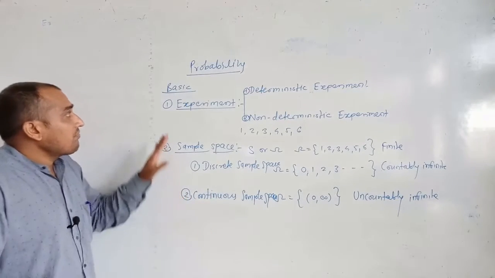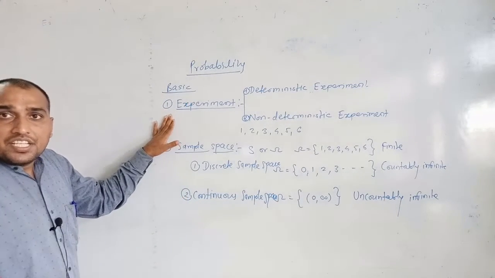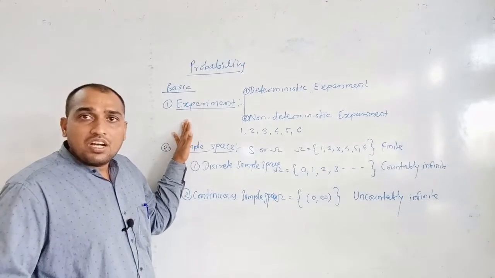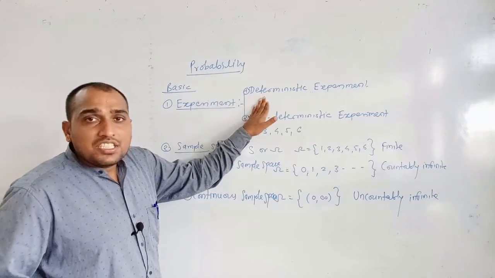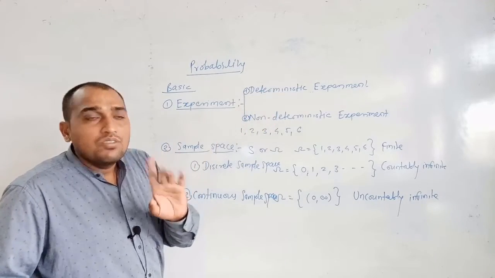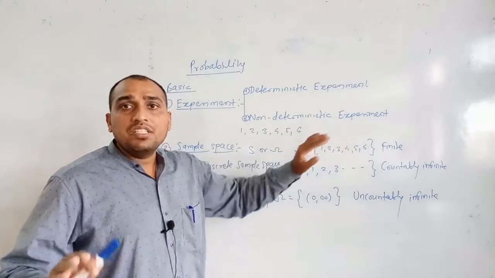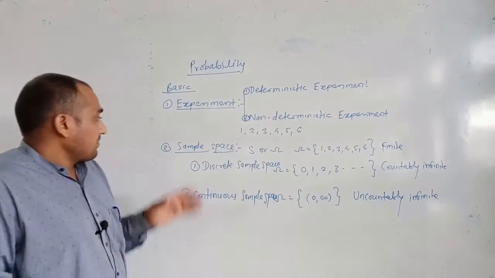So this is about experiment: any task or action which has one or more outcomes. Deterministic experiments are experiments having only one outcome. Non-deterministic experiments are experiments having more than one outcome.